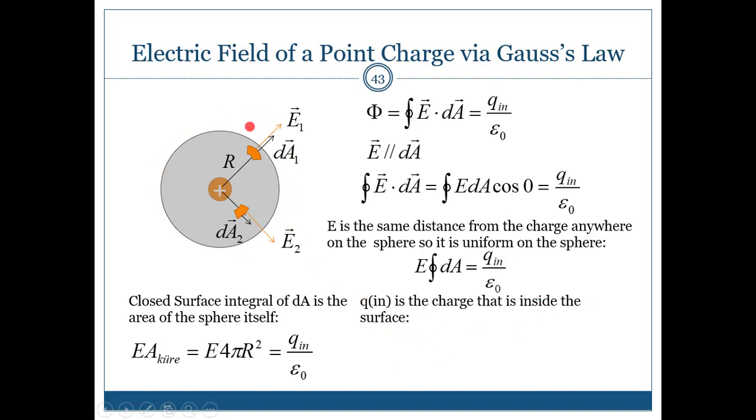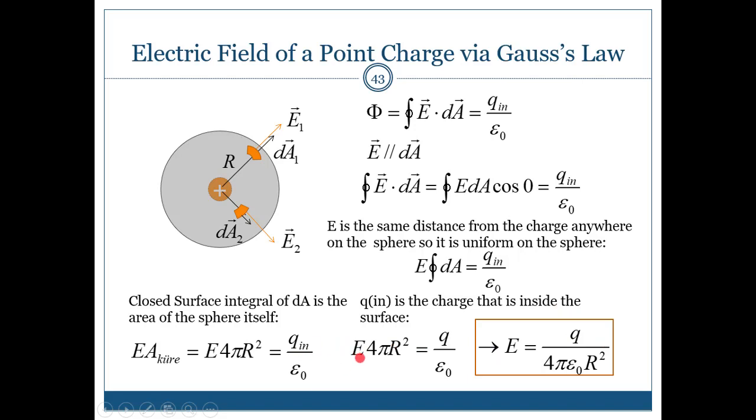Here is my Gaussian surface. All of my charge is in there. Let's call it small q. So E times 4 pi r squared is Q over epsilon 0. Hence E is Q over 4 pi epsilon 0 r squared. Wonderful. And since 1 over 4 pi epsilon 0 is K, we just rederived KQ over r squared for the electric field of a point charge. Wonderful.